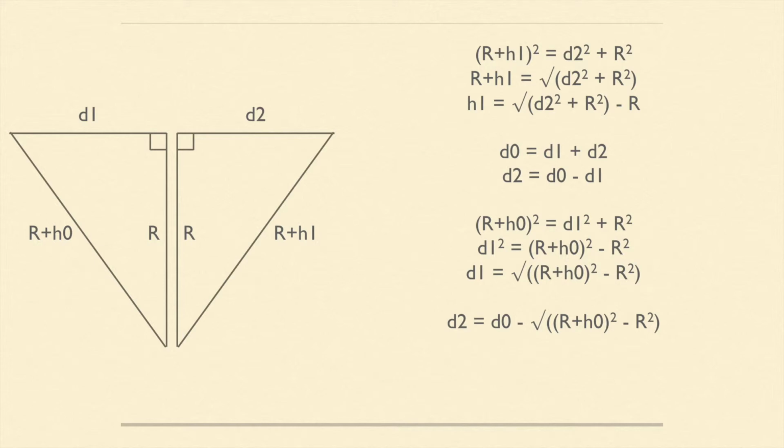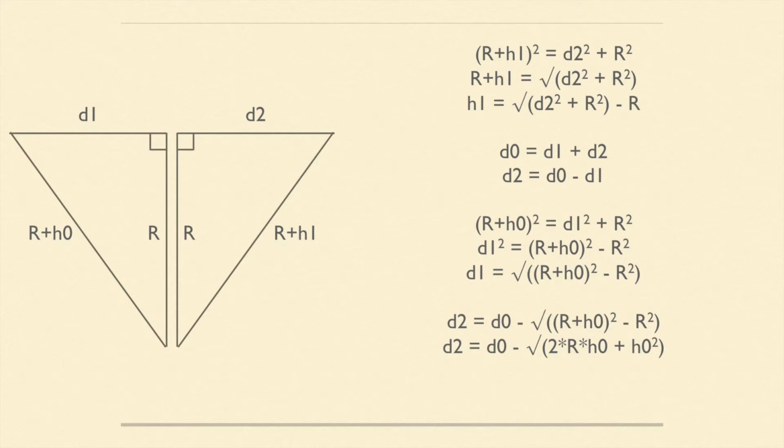So that means we now have an expression for h1 that includes r, which we know, and d2, which we don't know. But we have calculated an expression for d2 with d0, which is the target distance, which we do know, r, which is the radius we know, and h0, which is the eye height we also know. So we can simplify the d2 equation a little bit.